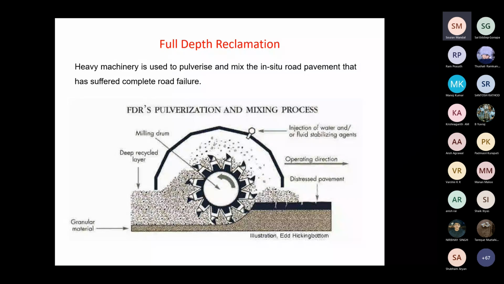Full depth reclamation requires heavy machinery. In the earlier one, you are just removing the top bituminous materials alone. Full depth means you can add the granular materials also, and that requires heavy machinery.